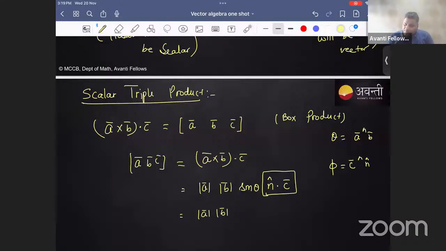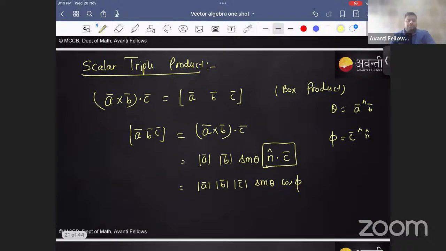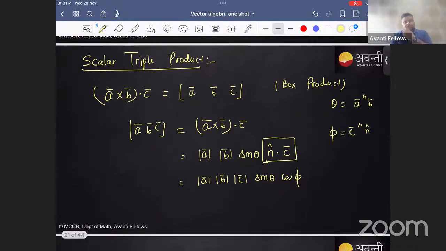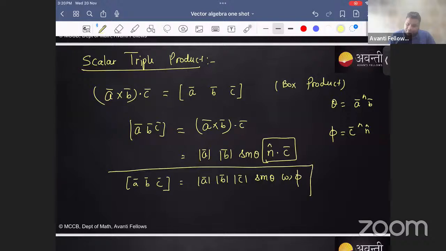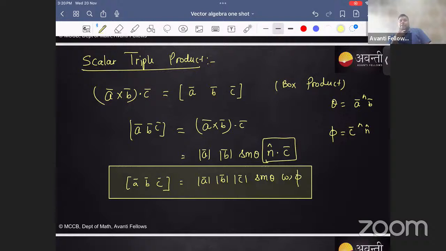So mod A, mod B, mod C, magnitude of n cap is 1, into sine theta cos phi. Am I clear? So this is what it is, box A, B, C: magnitude A, magnitude B, magnitude C, sine theta cos phi. Got it?